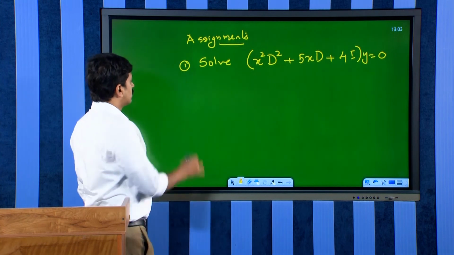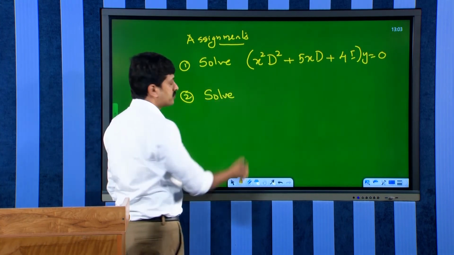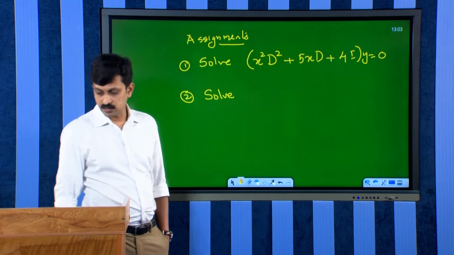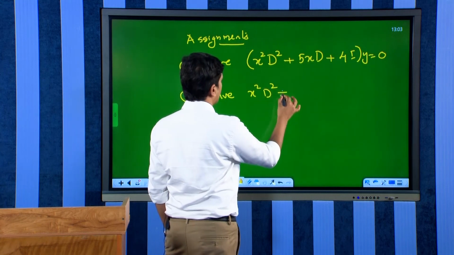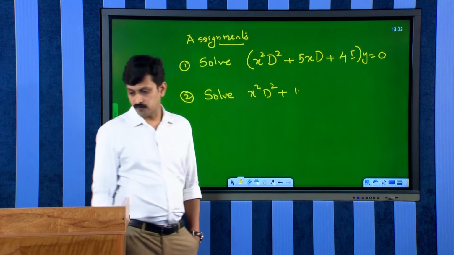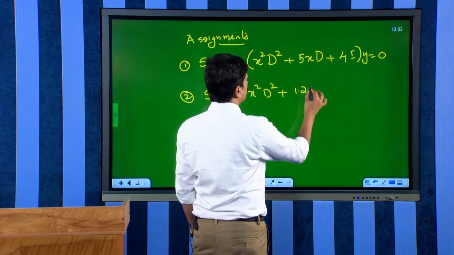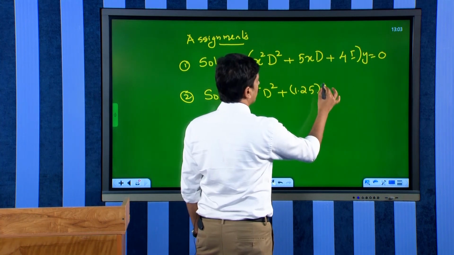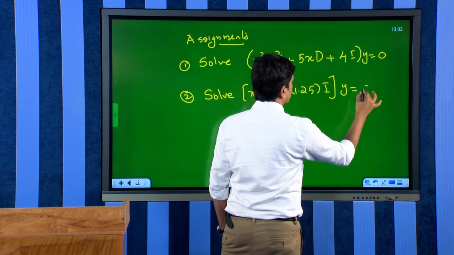The second one: solve the Euler Cauchy equation x square d square plus 1.25 into I, y is equal to 0.